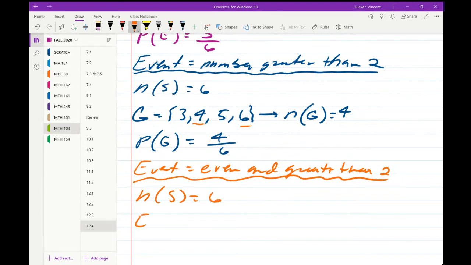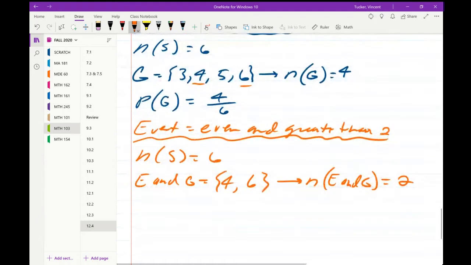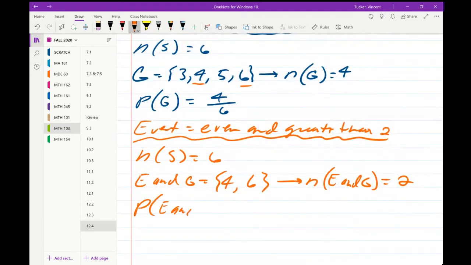When you're talking about being even and greater than 2, that's 4, 6. So we have two of those. That means the probability of getting a number that's even and greater than 2 would be 2 over 6. Not greater than 6, but greater than 2, excuse me. It would be 2 over 6.